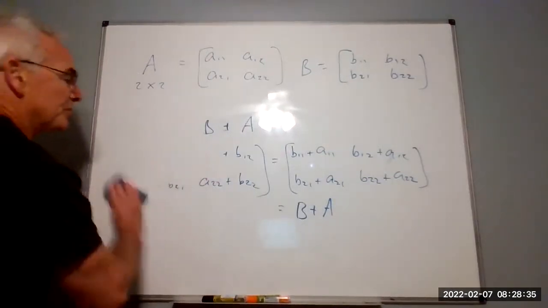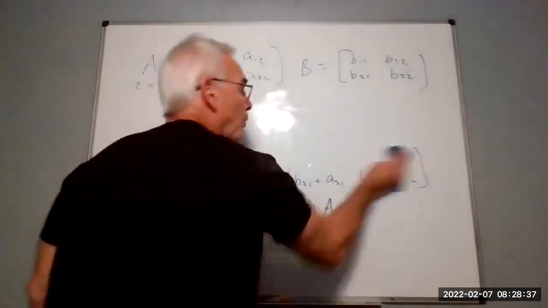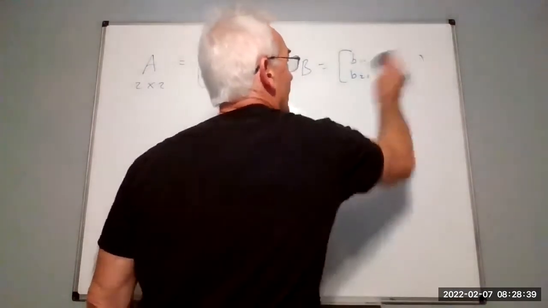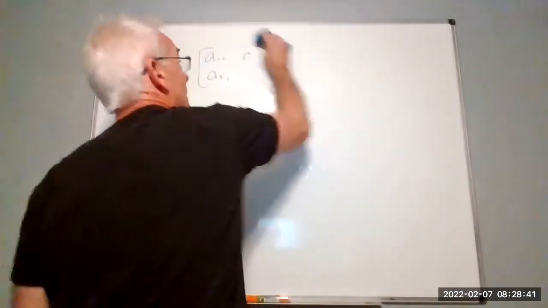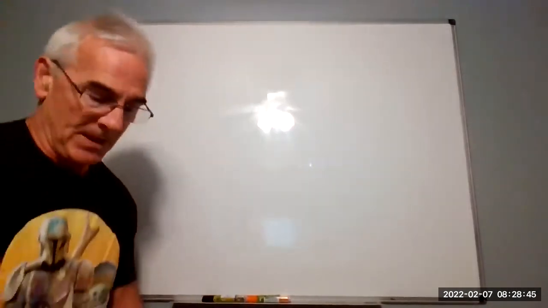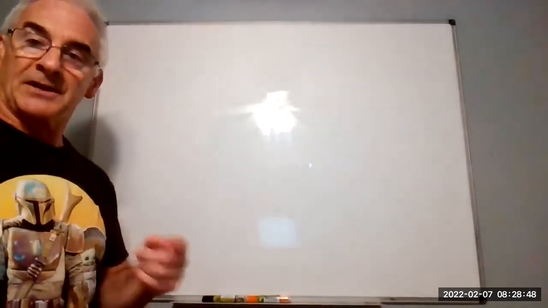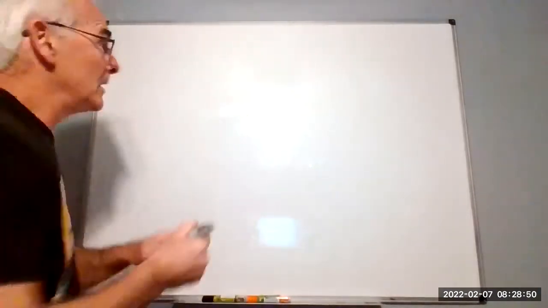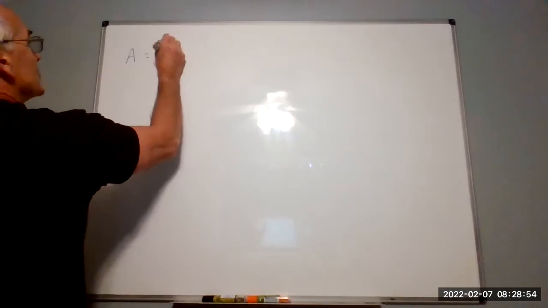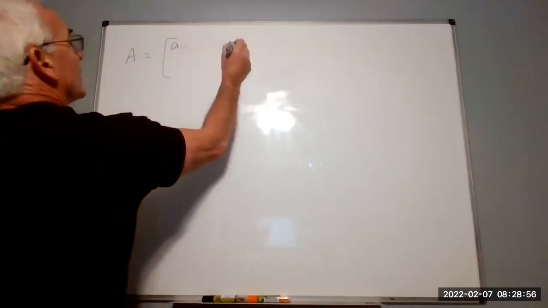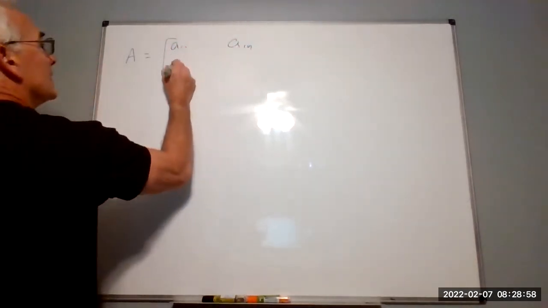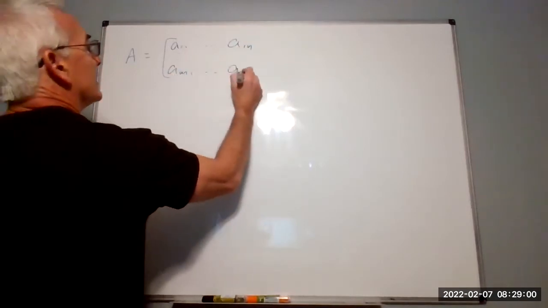Well, similar to vectors, there's one other operation that we define with matrices, or I should say that matrices naturally have, and that would be scalar multiplication. Scalar multiplication is the idea when I multiply a matrix by a scalar. So if I, again, let me call matrix A generically, A11 up to A1n, through Am1 to Amn.